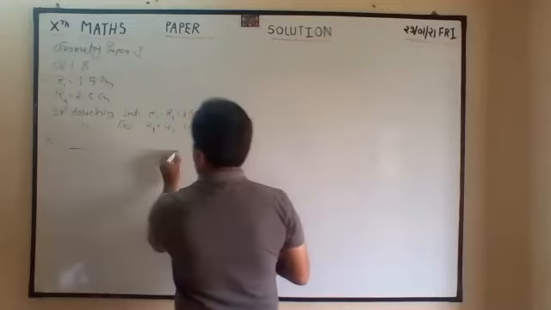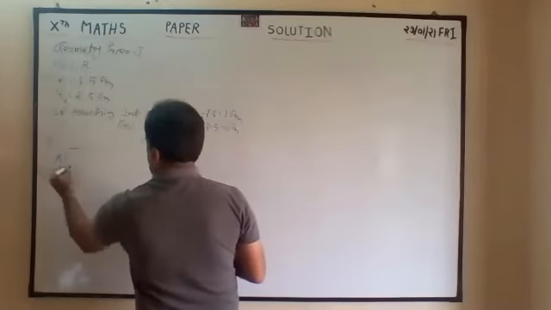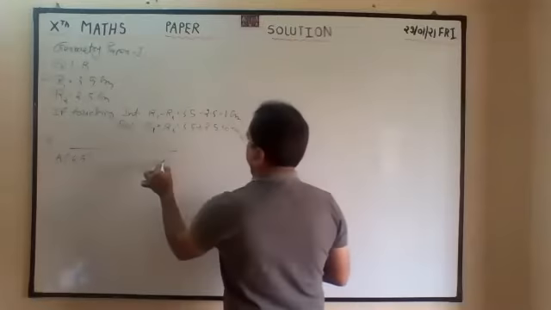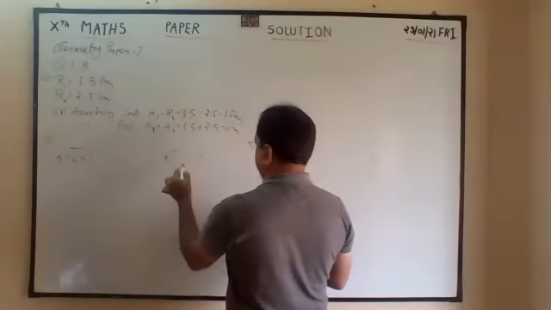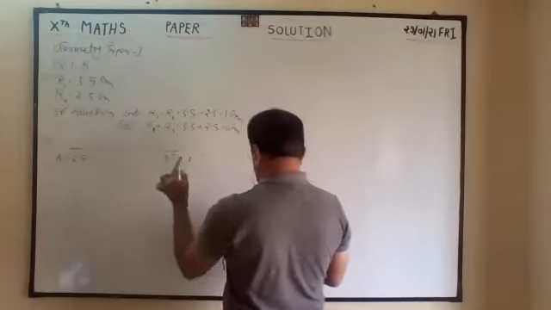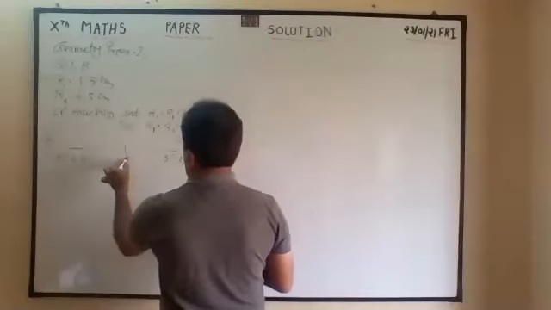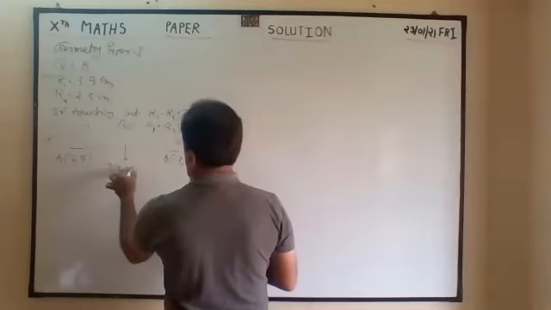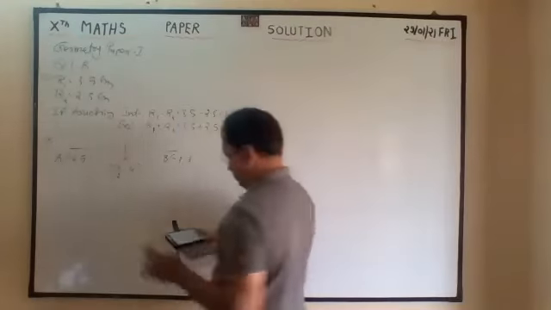A and B are given. A is given as minus 6, 5, B is given as minus 2, 3. Find P, given A by 2, 4. It is a midpoint.